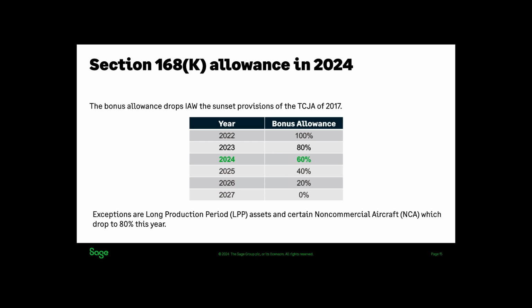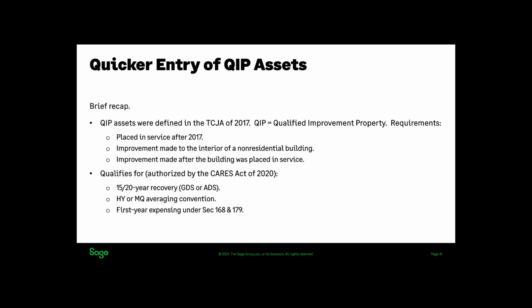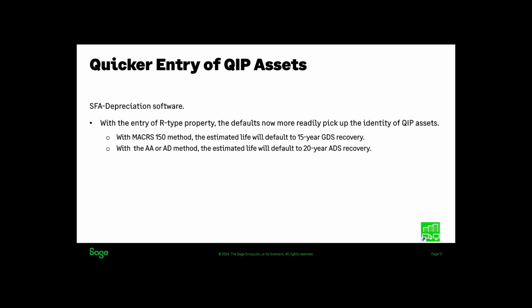It uses a half-year or mid-quarter averaging convention, and it also qualifies for first-year expensing under Section 168 and 179. And so the program has been improved to help recognize this kind of an asset and help you set it up. And I think what I'm going to do here is just show you. Let's see if I can do this somewhat quickly.